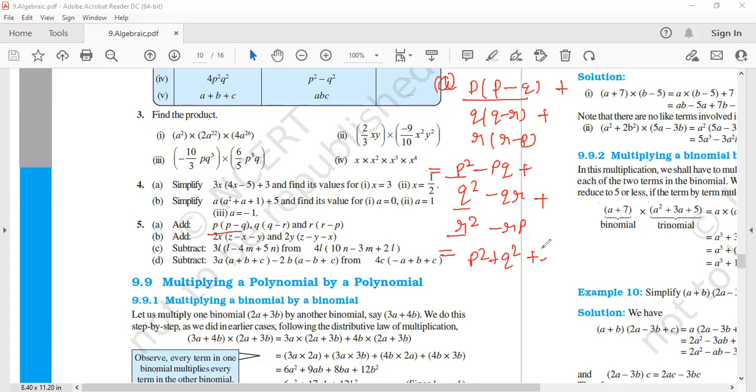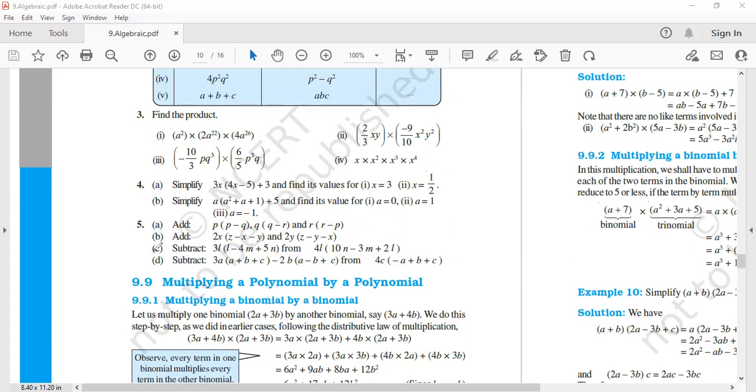So p square plus q square plus r square, because all have positive signs. Now minus pq minus qr minus rp. Okay, so minus pq minus qr minus rp is the answer of this first expression if you add all three.